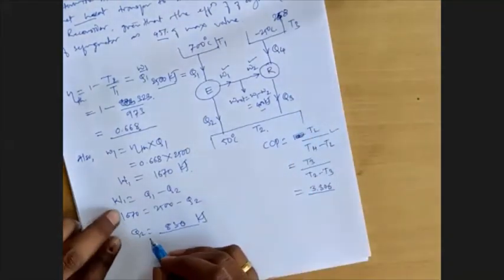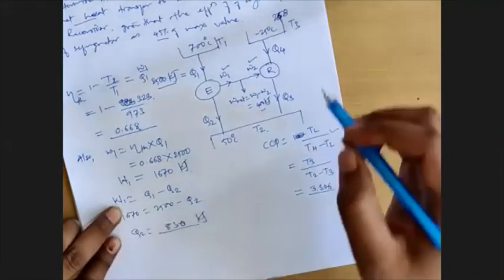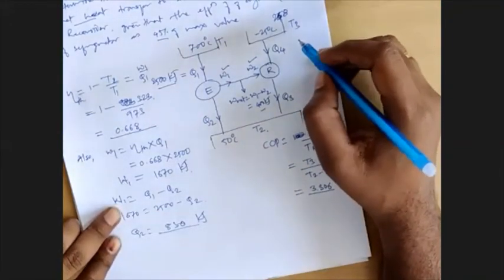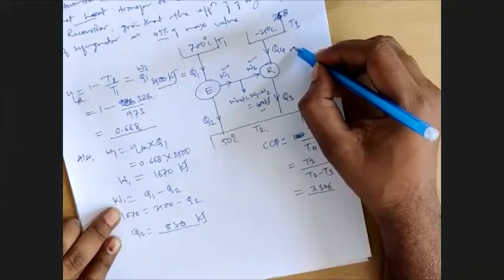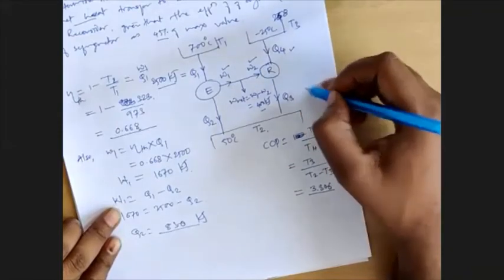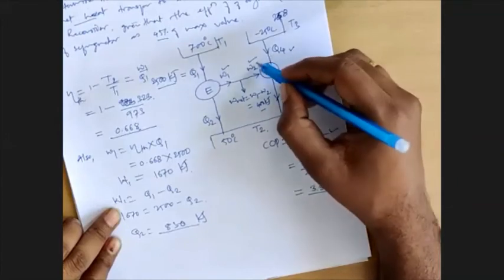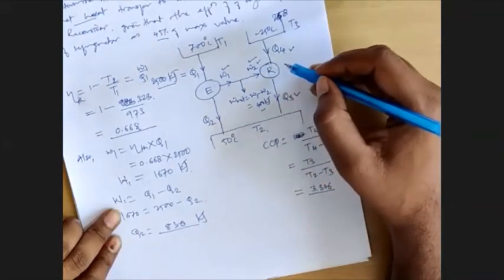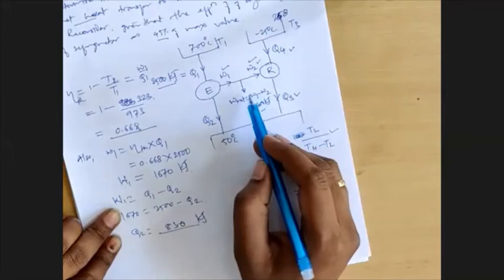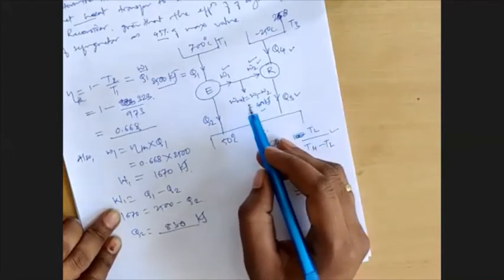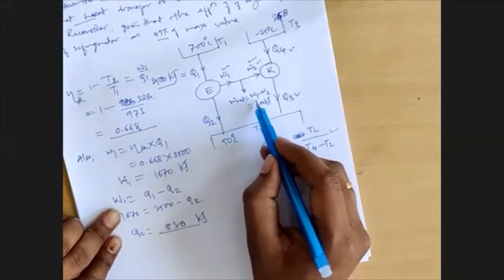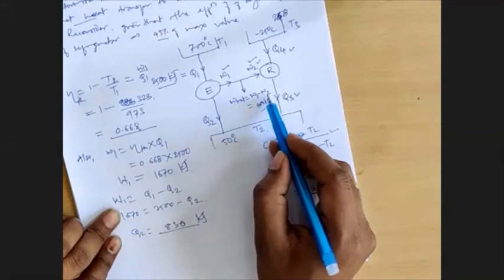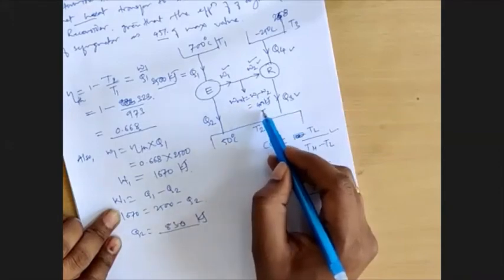We have got W1. Now we need to find this Q4 if required. If not required, we'll see. We need to find this Q3 and we'll need to find W2 also. Finding W2 is quite easier because we have the relation W net is equal to W1 minus W2, and W net is 400.